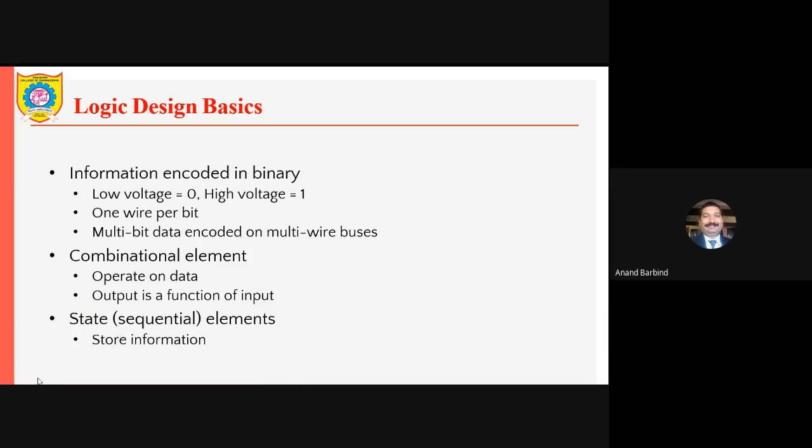Whereas the major sequential logic circuits are the flip-flops. Registers are made out of flip-flops, and they are the storage elements. Of course, the memory is also implemented with the help of groups of flip-flops.